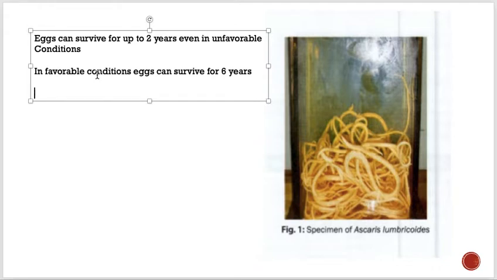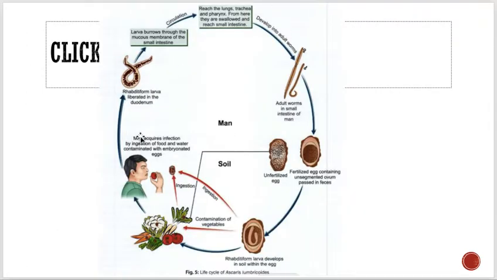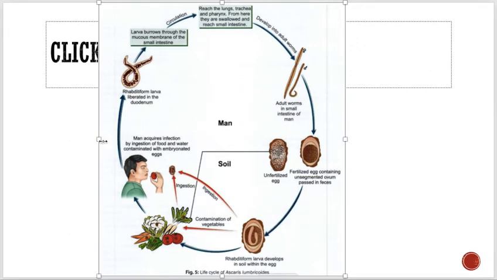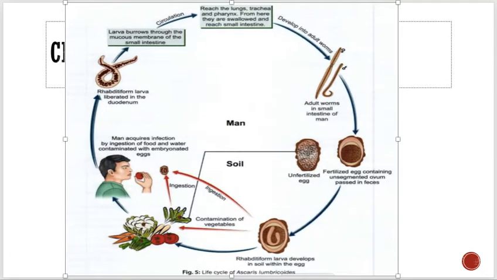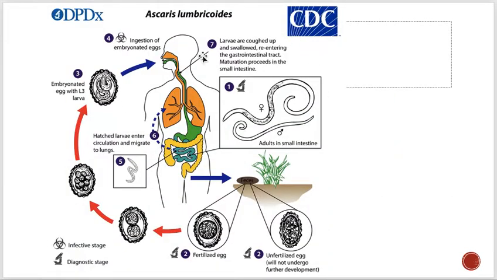The highest number of these infections occur in the tropical regions, and infections can occur around the year. This Ascaris infection is transmitted by ingestion of contaminated food or water. This is one of the photographs I took from my Indian book, and this one is taken from CDC.